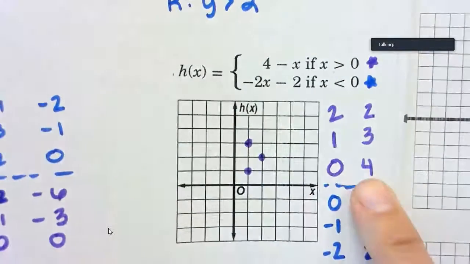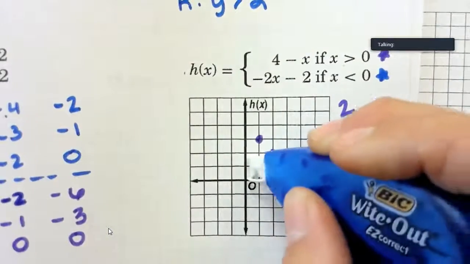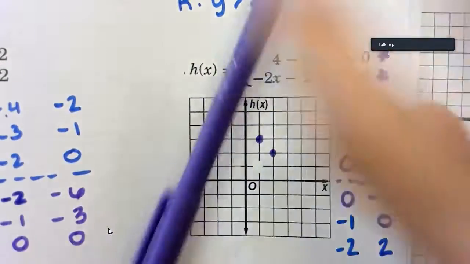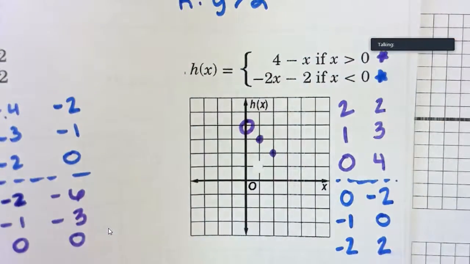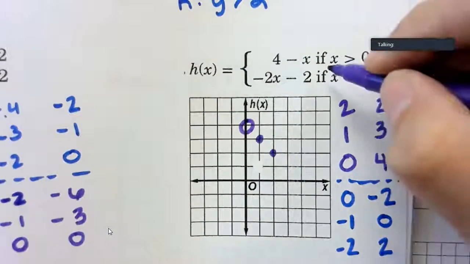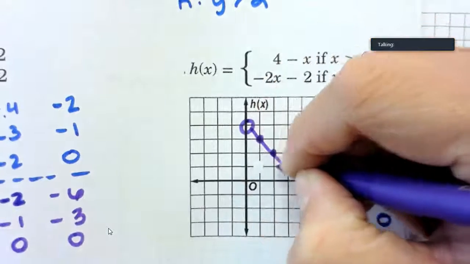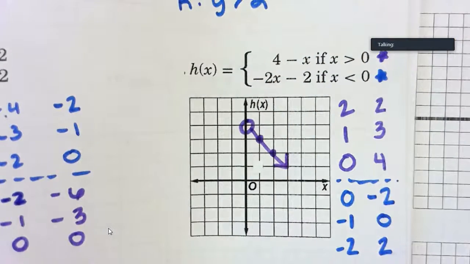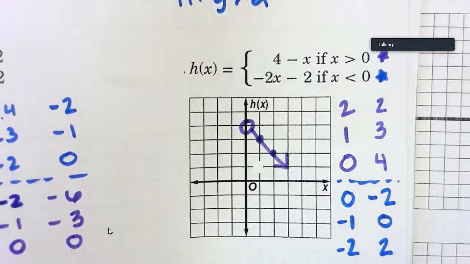So 0, 4, open or closed? Yep. So x values greater than 0 are going down through my points. So that's why I have trouble doing it. I like to go from the negatives to the positive because I think it makes more sense with my arrows.